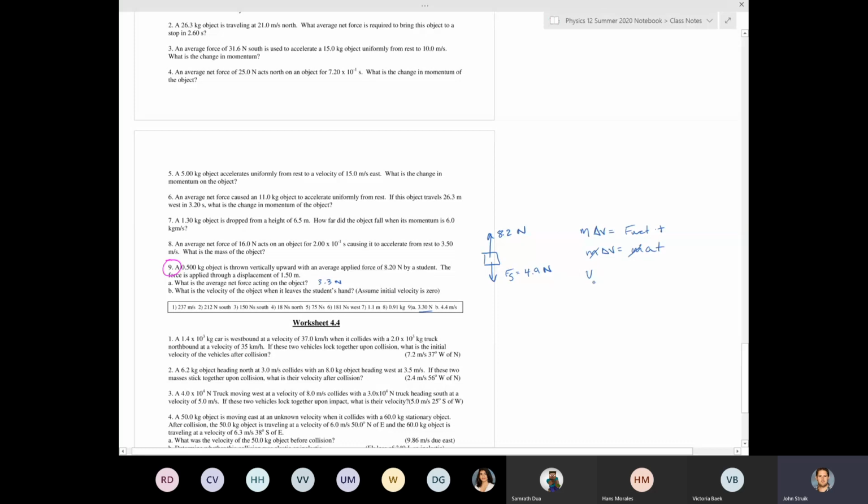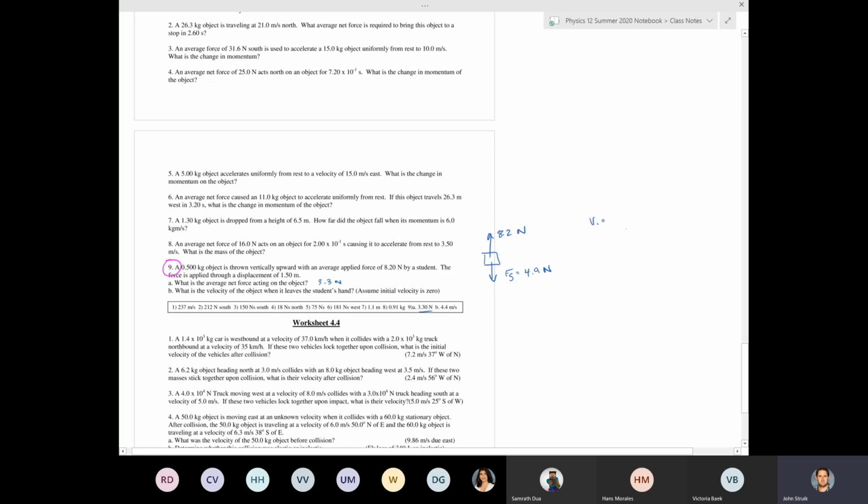So we have vf minus vi equals at, which is one of our formulas anyways. But we don't have our acceleration, so that's why we're going to use the F net. Oh, we're going to need time anyways. Okay, we have to use kinematics for this.